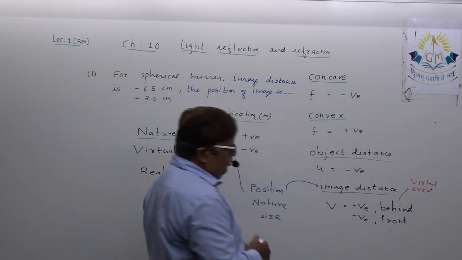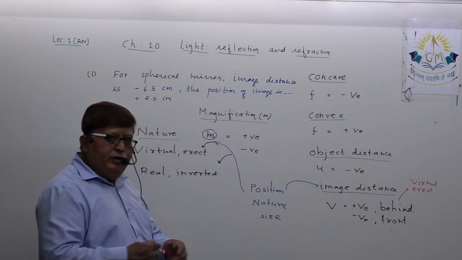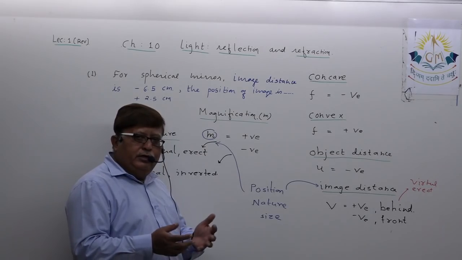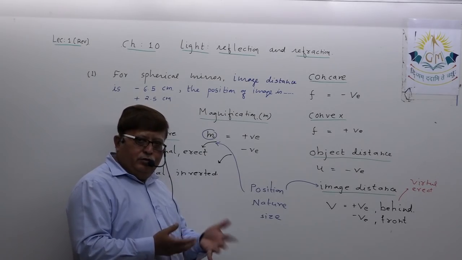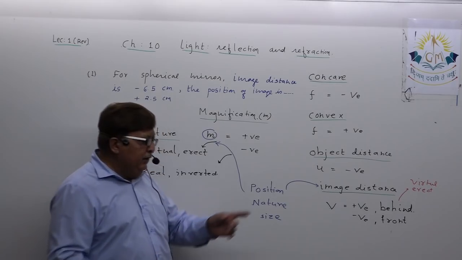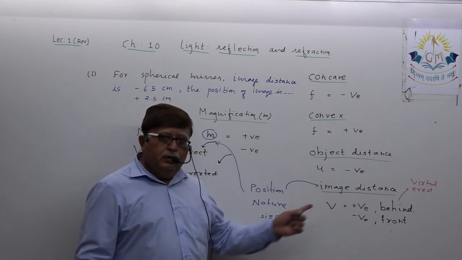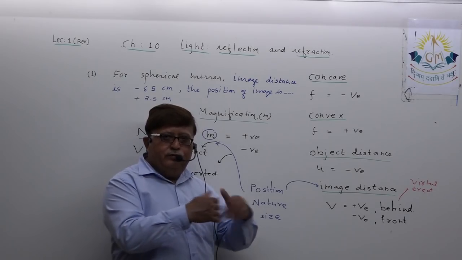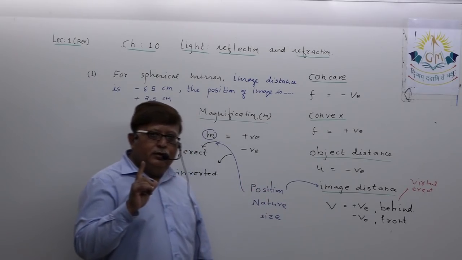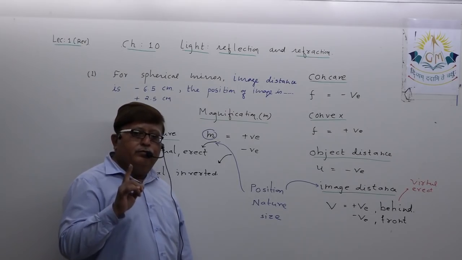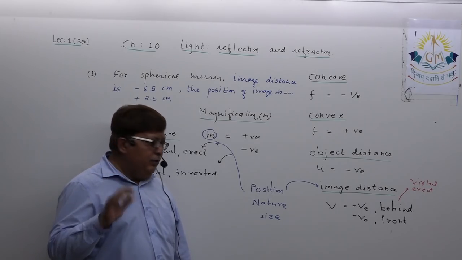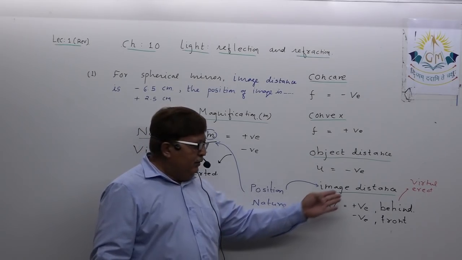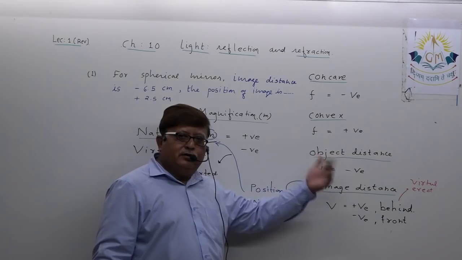This is also one of the clue points I can share with you. From magnification, no doubt, we can guess the nature of the image, but this also gives you an idea: whenever image is formed behind the mirror, it is always virtual. Remember. So if V positive, you can guess the nature. Image is virtual erect. Understand?